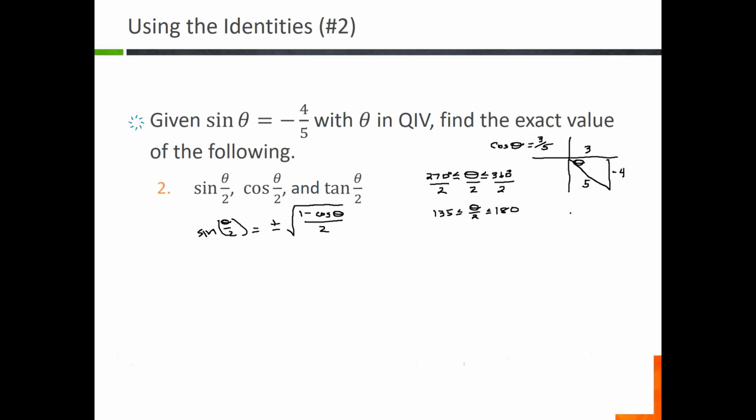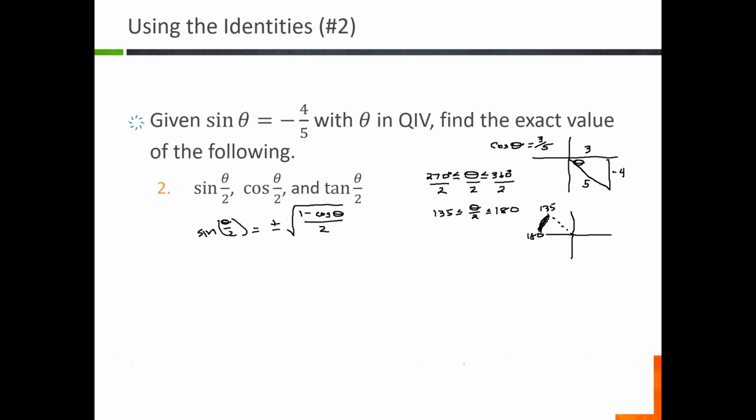So what that means is if theta is in the fourth quadrant, which is between 270 and 360, half of theta has to be between 135 and 180, and that is in the second quadrant. 135 degrees is like the 45-degree angle in the second quadrant, and then 180 obviously is the x-axis.